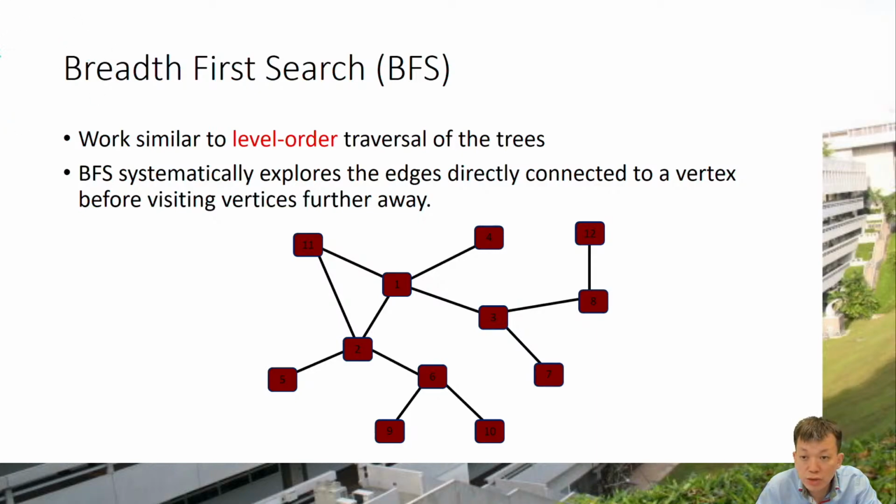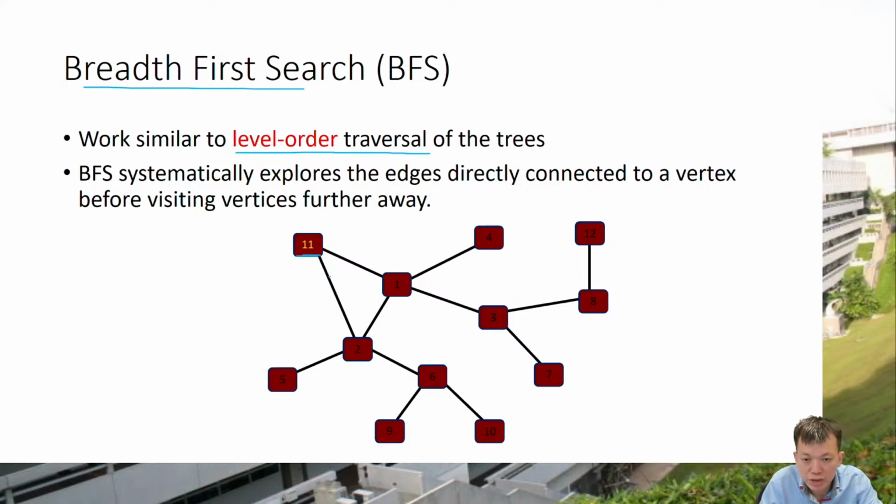Okay, so for example, breadth search is a level order traversal. What does it mean? It systematically exposes the edges directly connected to a vertex before visiting the next vertex further away. For example, I start from 11.